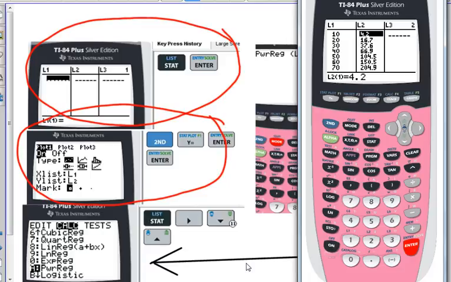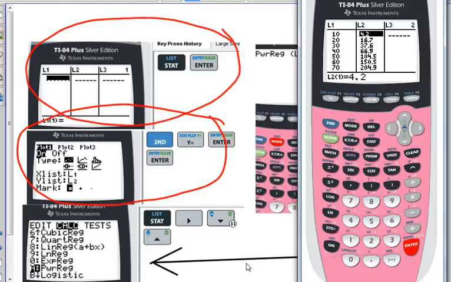Yep. Anybody else got a question? I already have something in my plot. Is this what it's supposed to look like? That's probably what it's supposed to look like.